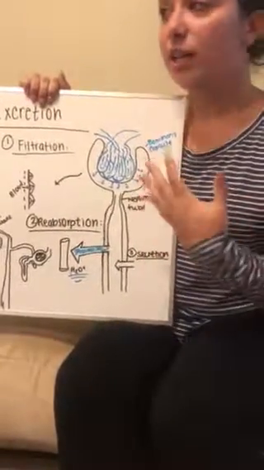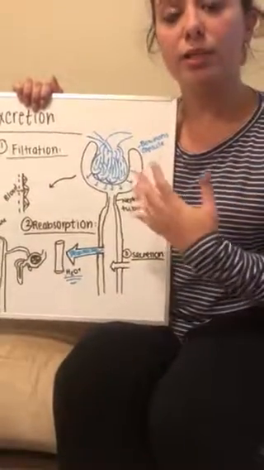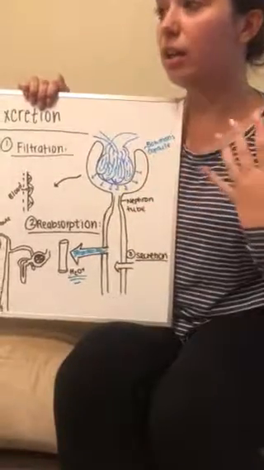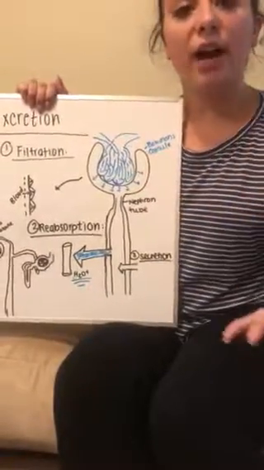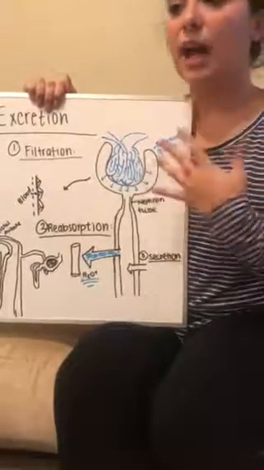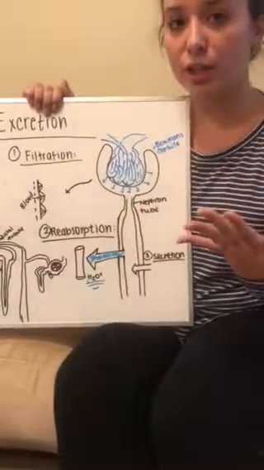There are a lot of pores in between, so it makes it easy for blood to pass through, containing things like amino acids, water, and different ions. However, it doesn't allow the passage of proteins because they are a little bit larger.